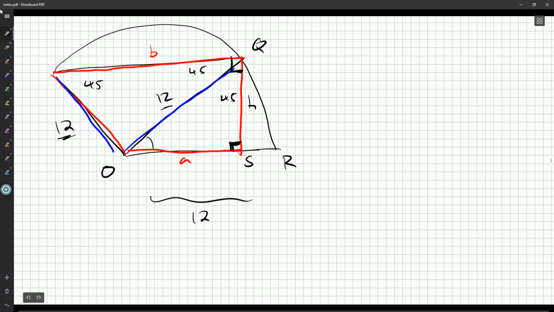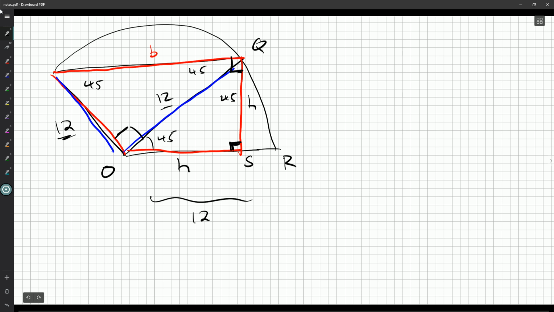And if we've got 45 here, to make 135, we must have a right angle here. So I've got two isosceles right angle triangles. So it's not just that this is A, it's the same as H, whatever H is.